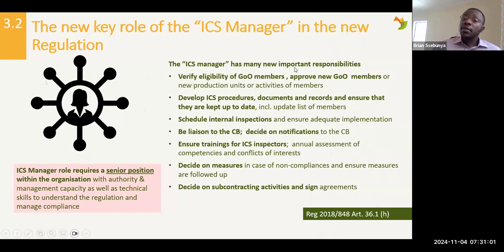And when the CB comes, they will assess, by talking to the ICS manager and by asking for your qualifications, whether you're competent enough to actually run the ICS. So this is one of the primary requirements for ICS compliance.